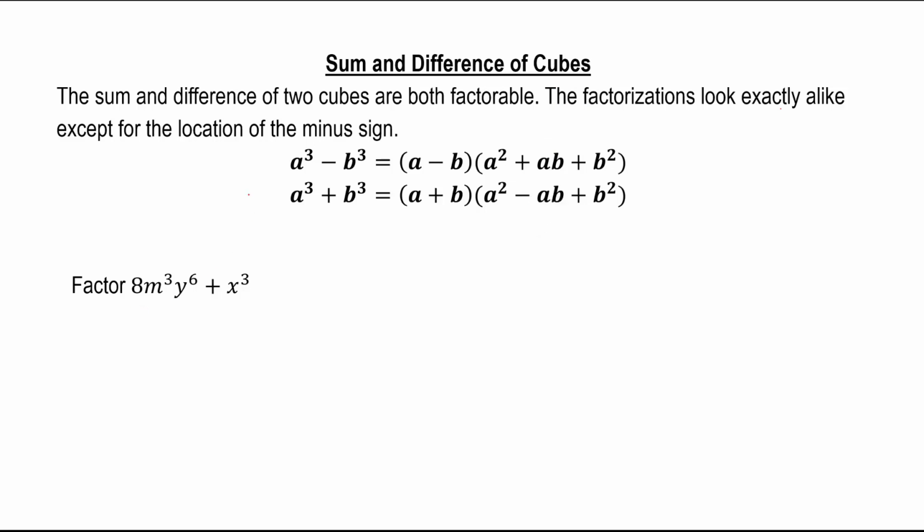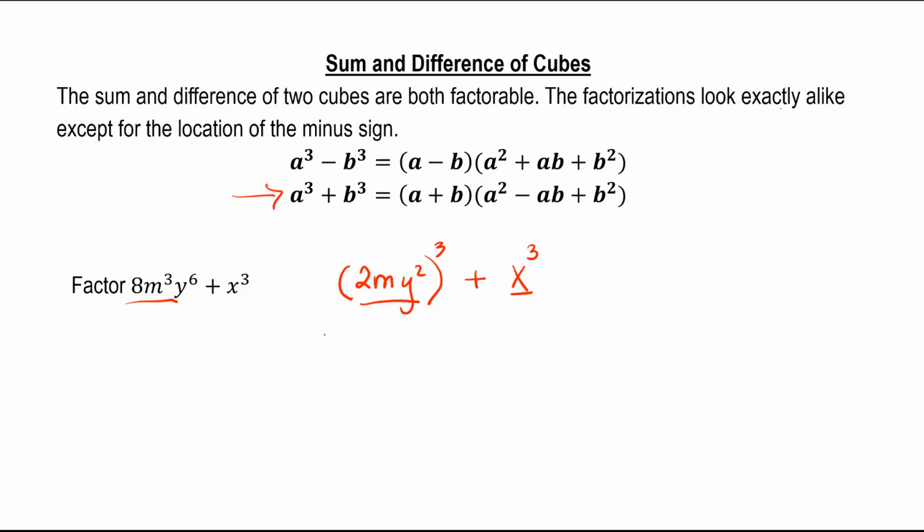8m cubed y to the 6th plus x cubed. That is 2my squared cubed. So that first term, 2 cubed is 8, m cubed, y squared cubed is y to the 6th, plus x cubed. So this is your a and x is your b, and you are going to use this factorization.